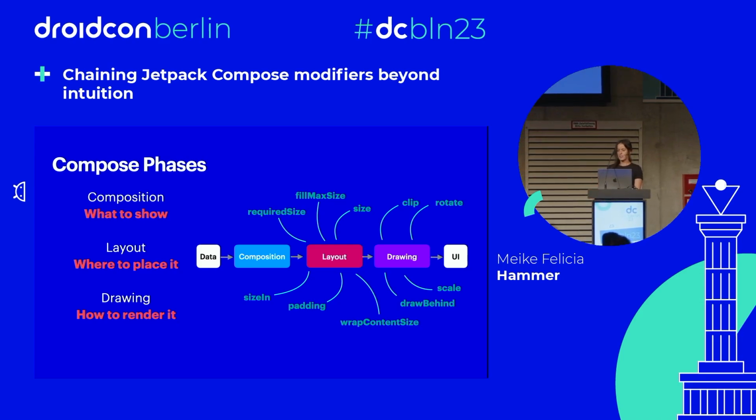When you see the image coming from data to UI, I also added some modifiers in the layout phase and the drawing phase, and you probably notice that most size modifiers reside in our layout phase, because that's where we place and measure things. And things like clip, rotate, scale, draw behind, all these graphics modifiers reside in the drawing phase.